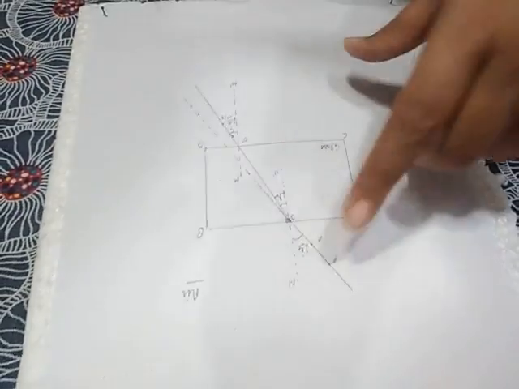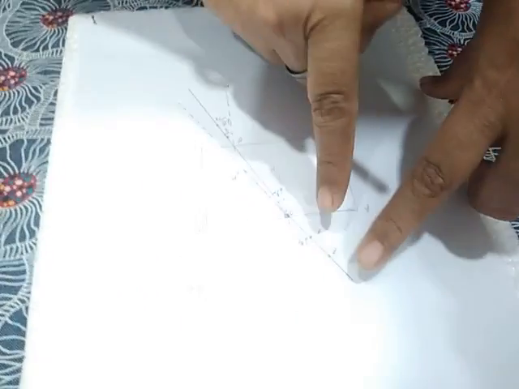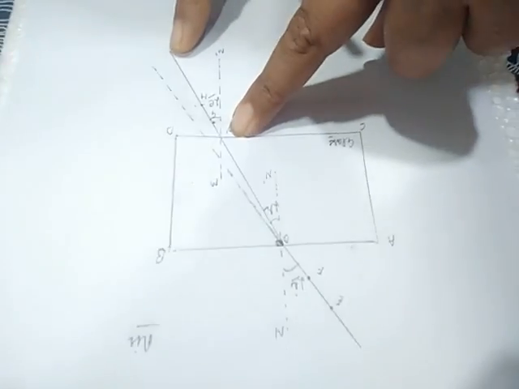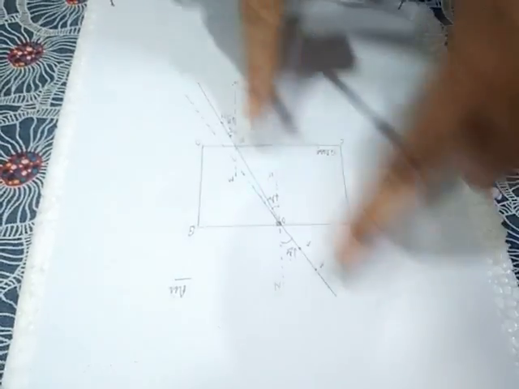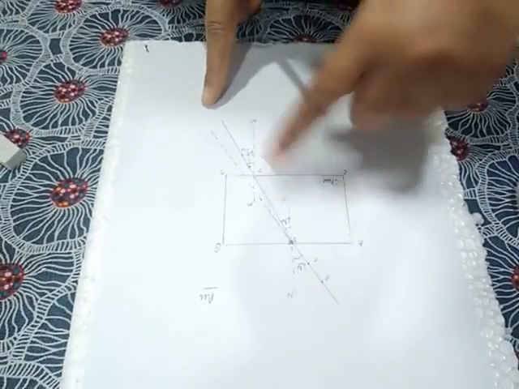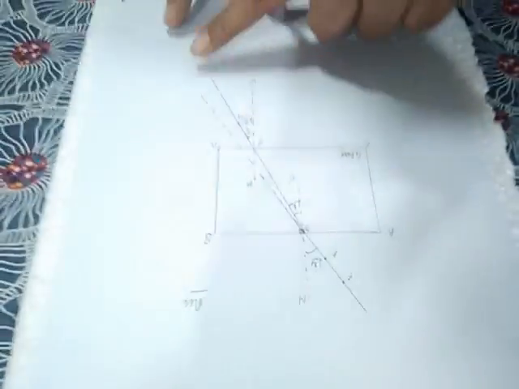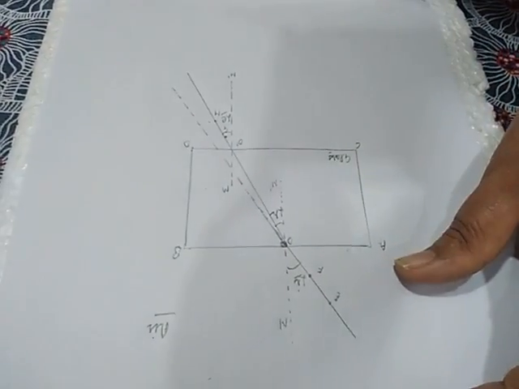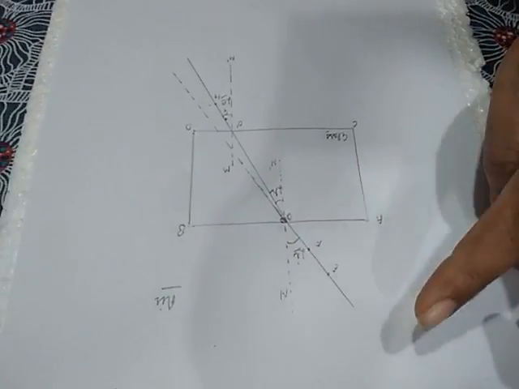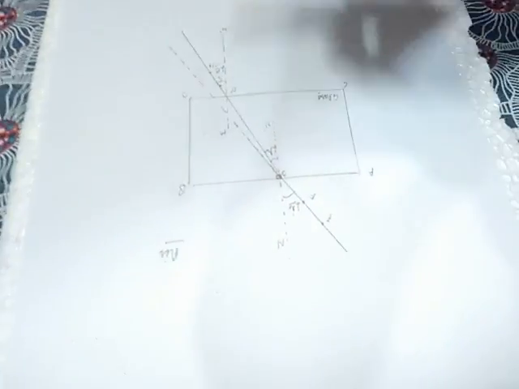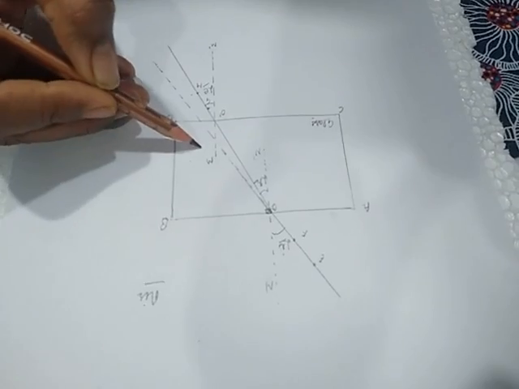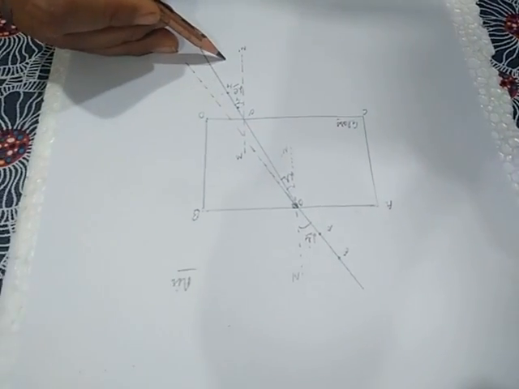So now you can see, students, the incident ray and emergent ray are parallel but opposite each other. Why? Because the incident ray is when light travels from the rare to the denser medium, but the emergent ray is when light travels from the denser to the rare medium.